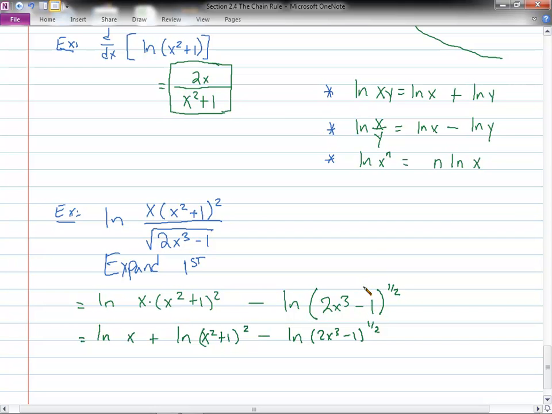You with me? No? Yes? Okay. And then what can I do with this 2 right here and this 1/2 here? Move them out front. Natural log of x plus 2 natural log of x squared plus 1 minus 1/2 the natural log of 2x cubed minus 1.